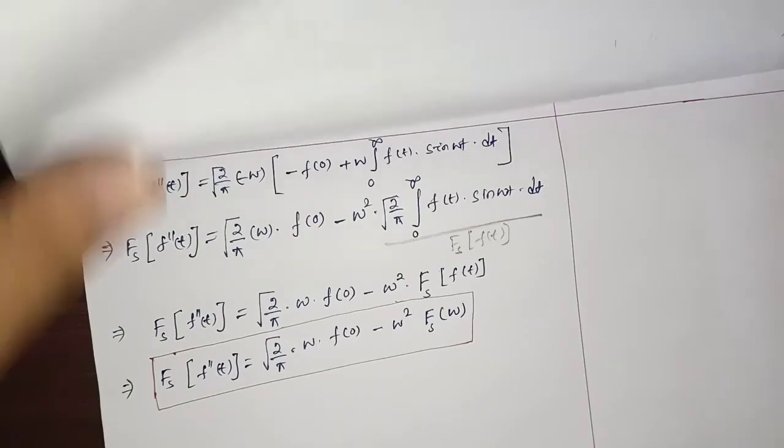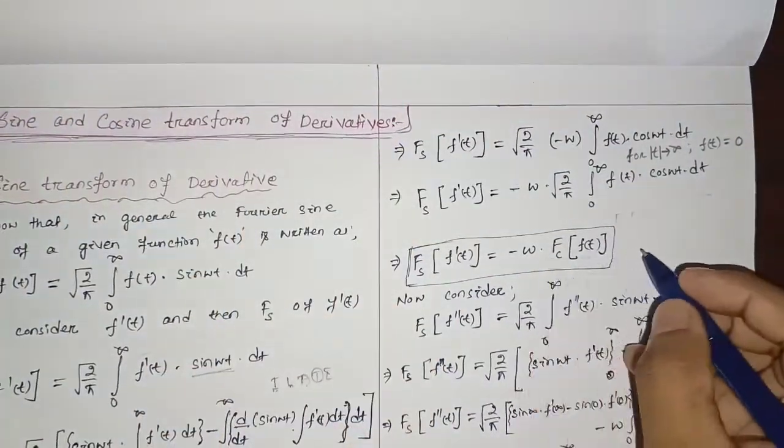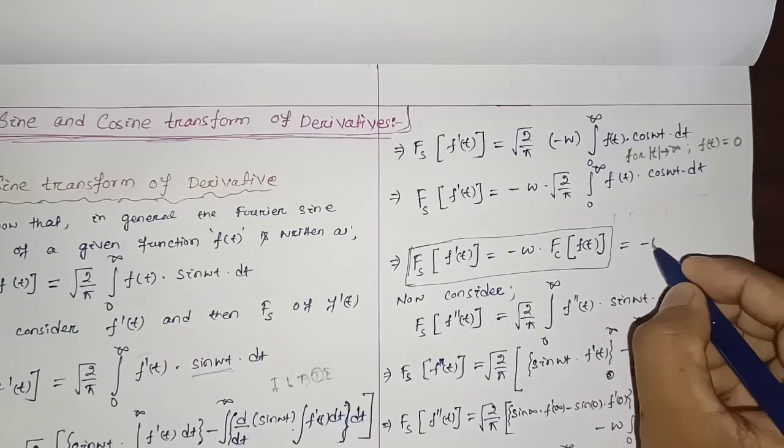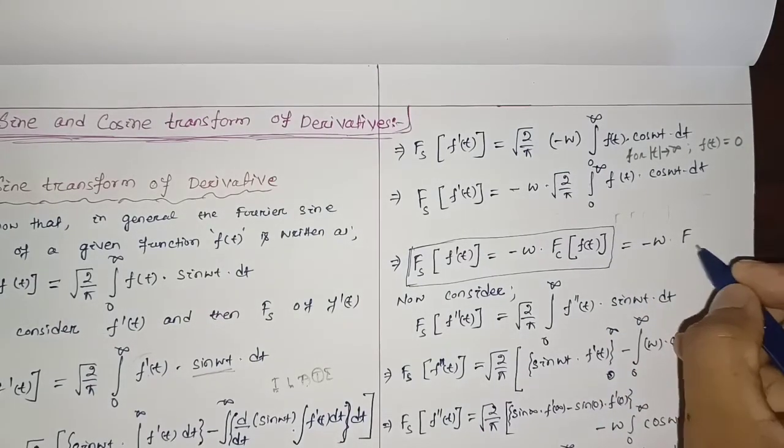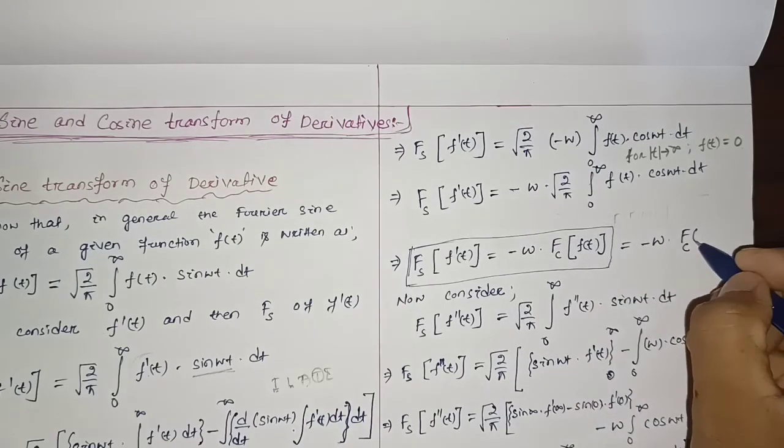So here also you can write this one as equal to minus omega Fourier cosine transform of f of t, or capital Fc omega.